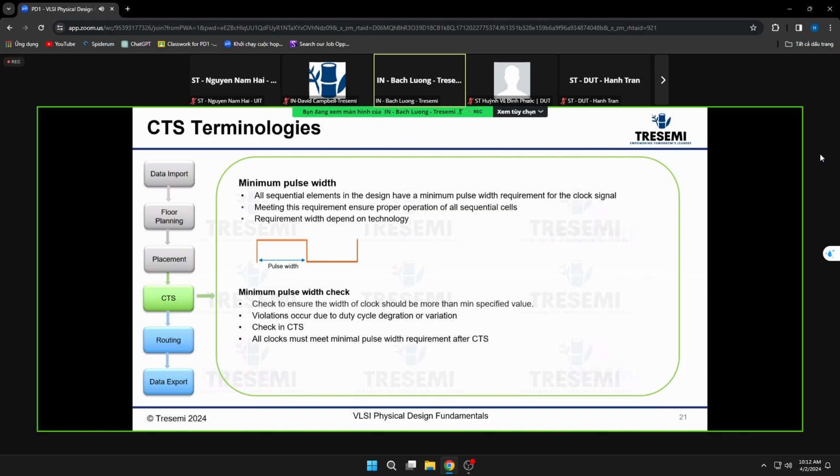At the block level, at the chip level, we mainly focus on the local skew, but think about system level. You've got to balance for those. So let's see.